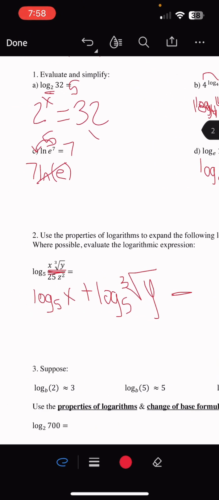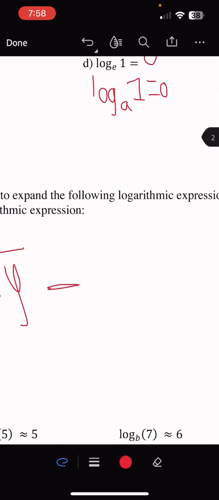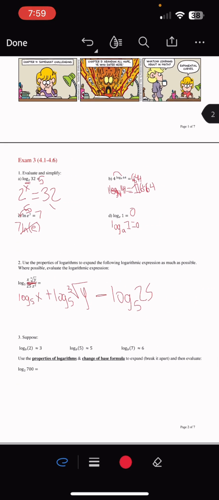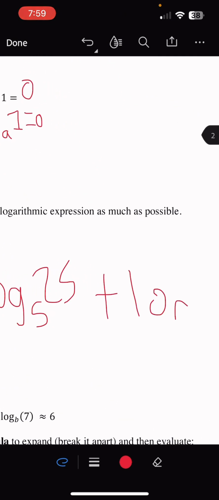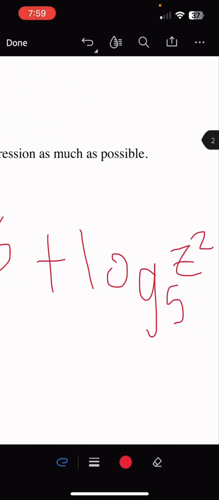Because in a logarithm, when you're doing plus, it's actually multiplication, and when you're doing minus, it's division. So this actually works out really well for us. Log base 5 of 25, and we might actually be able to solve that one. Plus log base 5 of z to the 2nd.